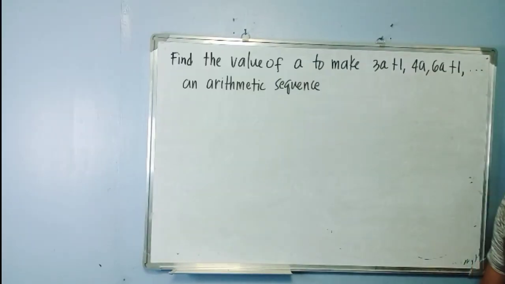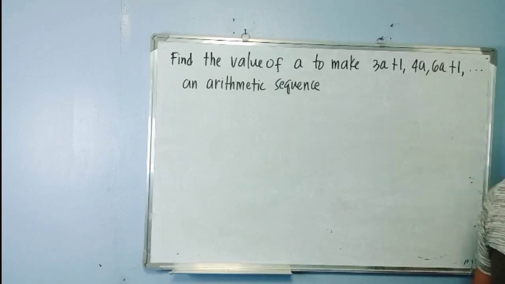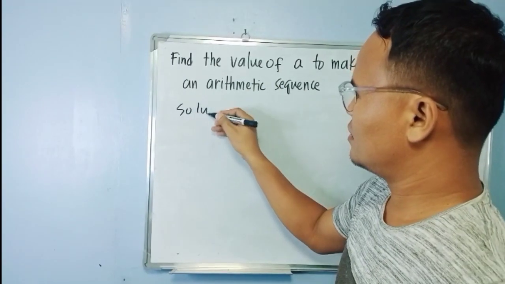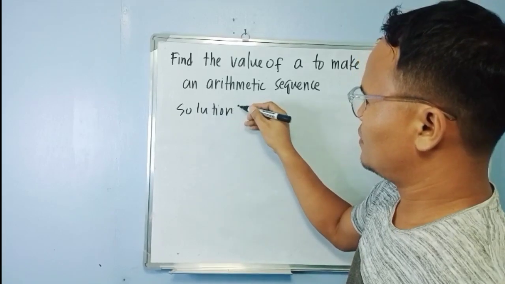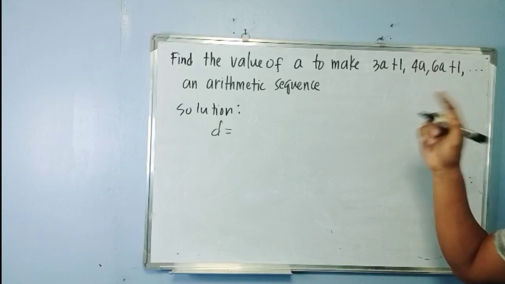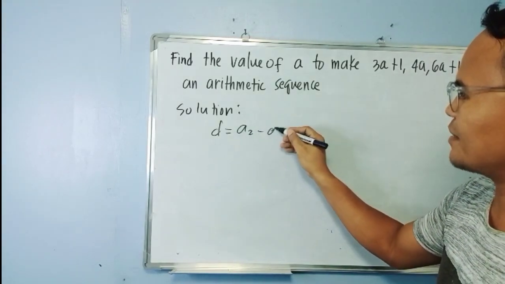Okay, next activity. Find the value of a to make 3a plus 1, 4a, 6a plus 1, an arithmetic sequence. So we have three terms here. Let us use the idea of the common difference. So d equals, since we have three consecutive terms, a sub 2 minus a sub 1.